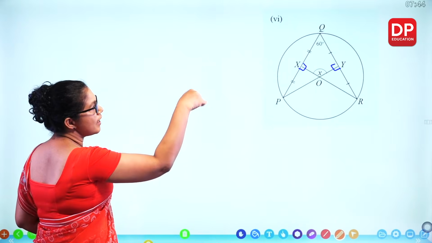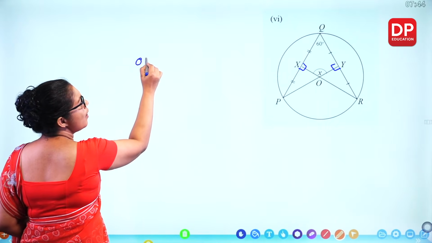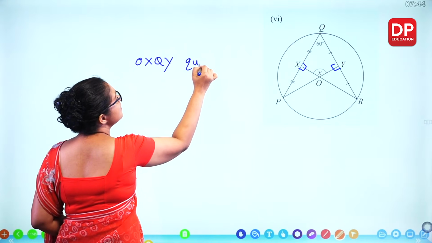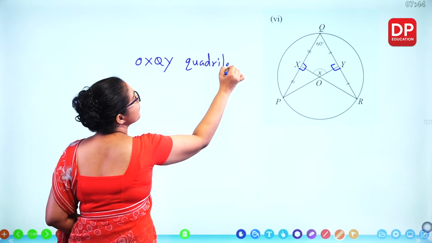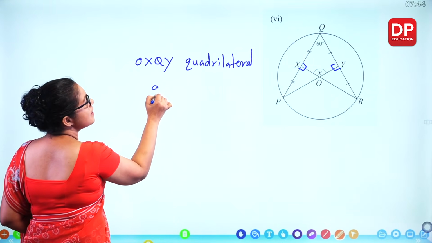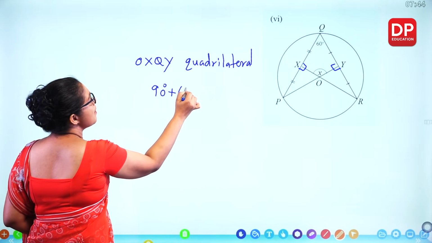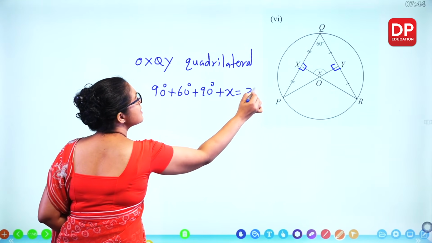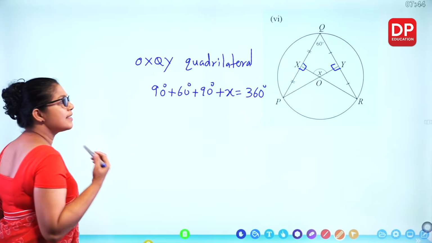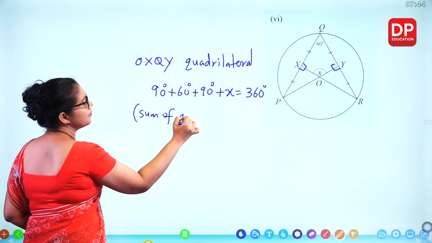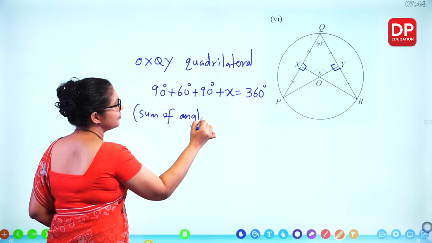So when you look at the diagram again, OXQY quadrilateral, we can straight away write 90 plus 60 plus 90 plus x is equal to 360. What's the reason? The sum of angles in a quadrilateral.